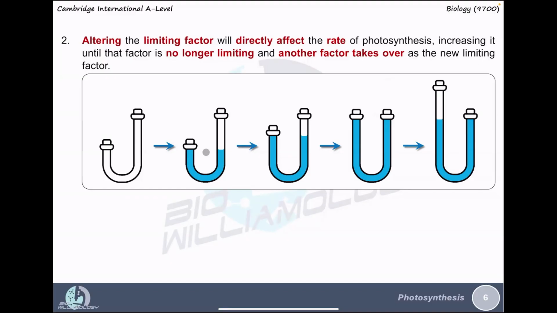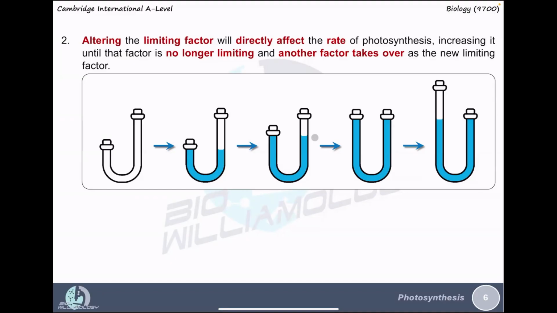So if we imagine that this is a limiting factor, and the volume of water represents the rate of reaction, then when we increase the value of the limiting factor, the rate of photosynthesis increases. From here, we will be able to know that that particular factor is a limiting factor.